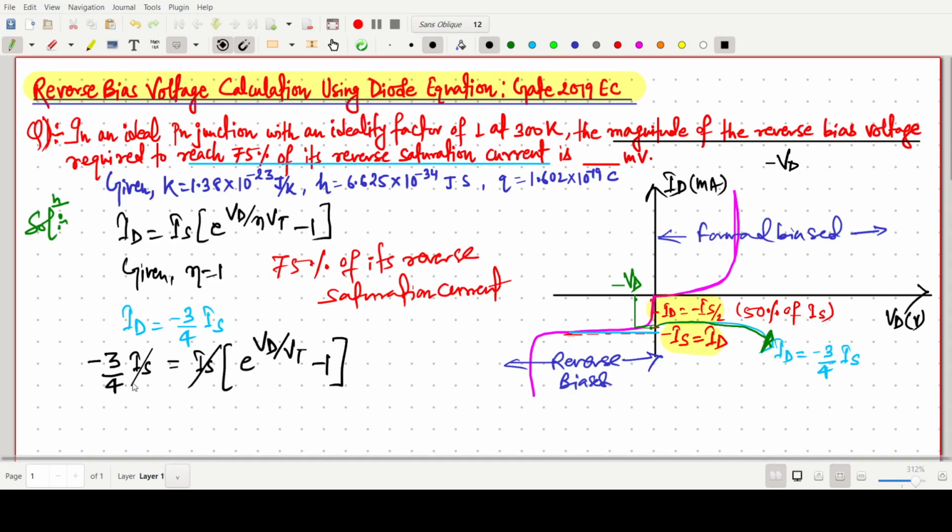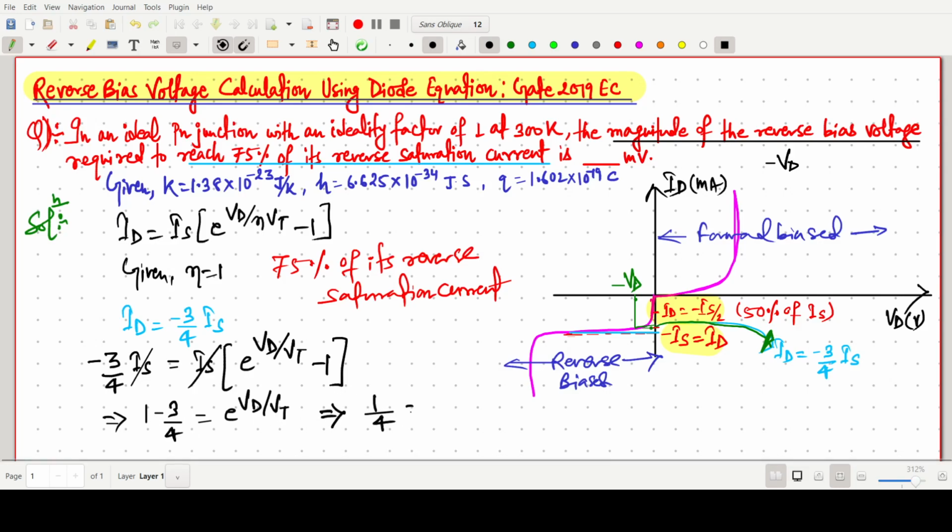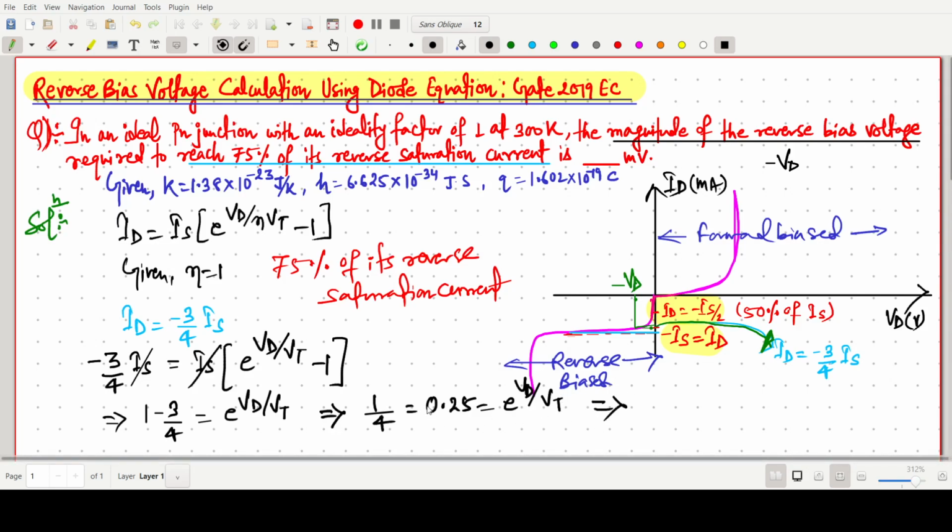So Is will be cancelled out. One can write 1 minus 3 by 4 equals e to the power Vd by Vt, or one can write this as 1 by 4, or simply 0.25 equals e to the power Vd by Vt.